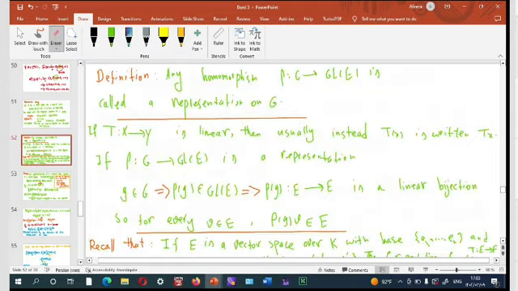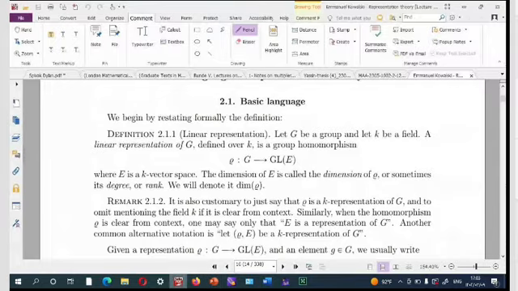Now any homomorphism between two groups, okay, G and this group, is called a representation of G. The dimension of E is called the dimension of rho. So sometimes it is called its degree or rank, the rank of this representation or the degree of this representation.